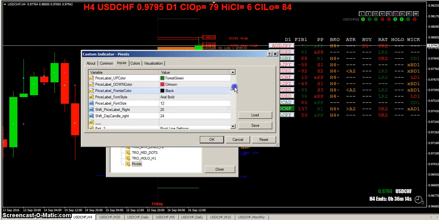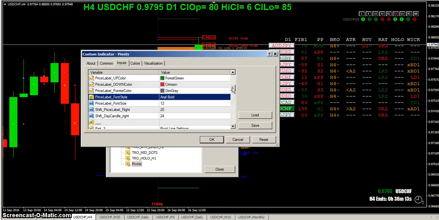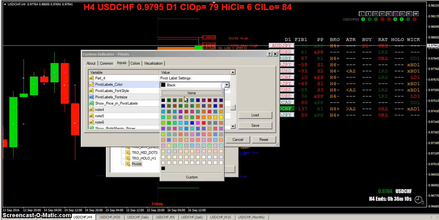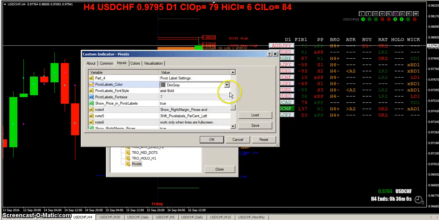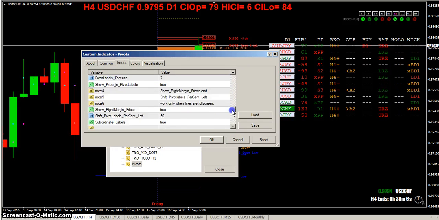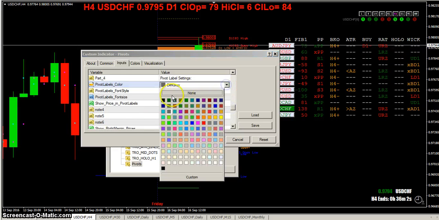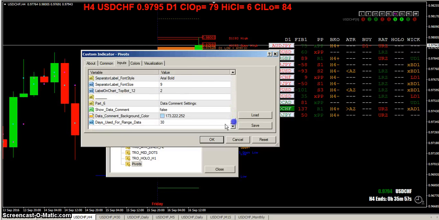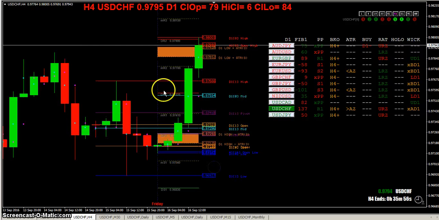That's why I chose dim gray as my default, because it works on white backgrounds and black backgrounds. So some people like to have the background black, some people like to have it white. So you can see here.